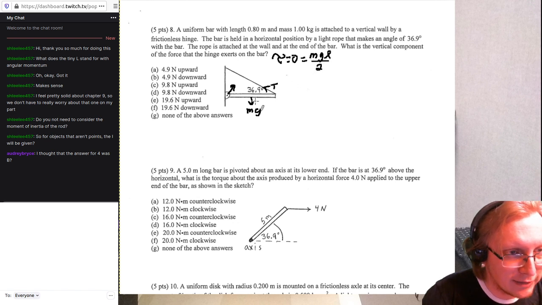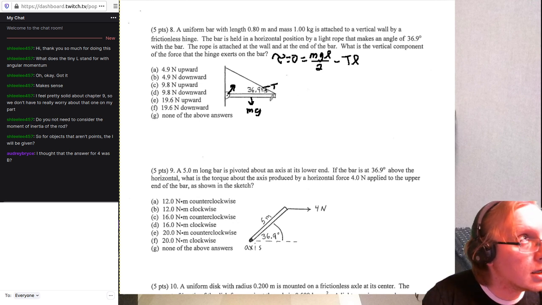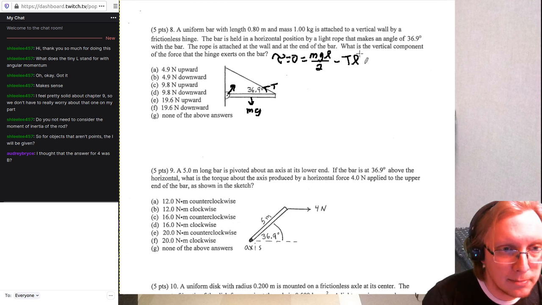This is my torque from gravity pulling down in the middle of the rod, minus tension L, and then we need the sine of this angle here, sine of 36.9 degrees. All right, divide the L to the other side. That makes life a lot easier.